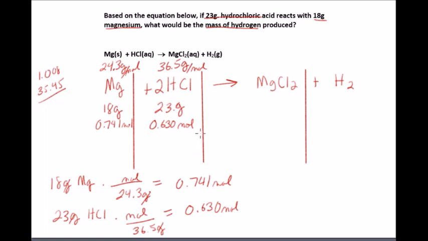The easiest way to do that is to take the moles of each reactant and divide it by the coefficient. In the case of magnesium, if you divide it by the coefficient, it is obviously the same. It's a coefficient of 1, so it's 0.741. If you divide the moles of hydrochloric acid by the coefficient, it would be 0.315. Okay, now that you have these two numbers, the lower number will be your limiting reactant.